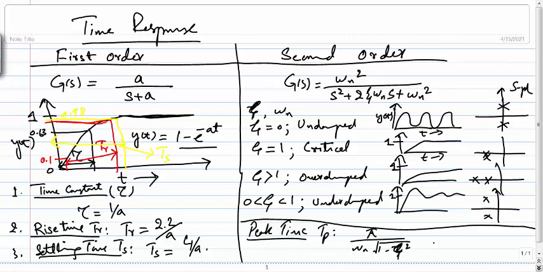But remember this is only possible when zeta is between 0 and 1, so it is for underdamped. In overdamped you have to change the formula. Okay, let me move to the next page for other formulas.